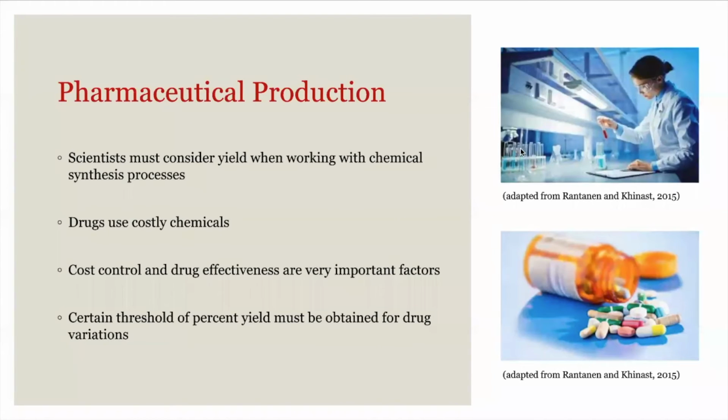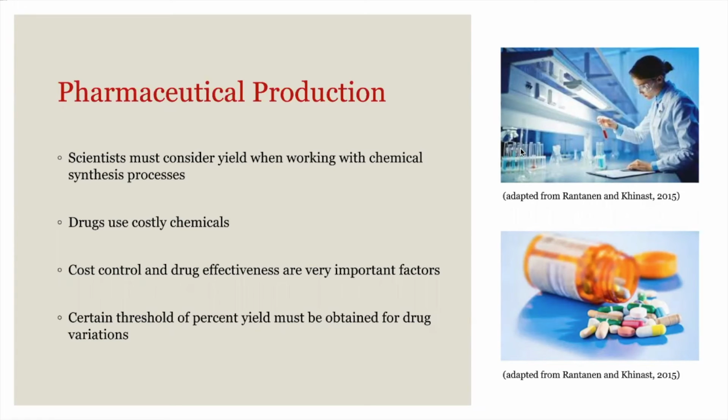So moving on to our real-world application of this Module 1 concept of pharmaceutical production. So the world of pharmaceutical production is an expensive one. Many drugs have several steps in their synthesis and use costly chemicals. A great deal of research takes place to develop better ways to make drugs faster and more efficiently.